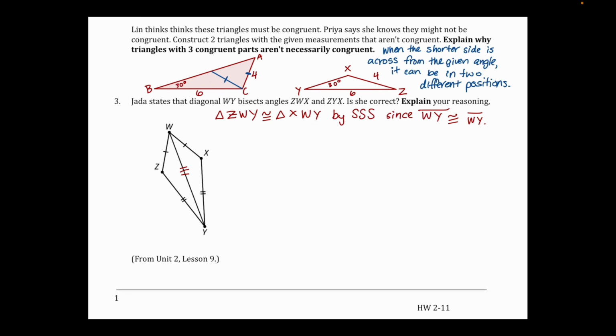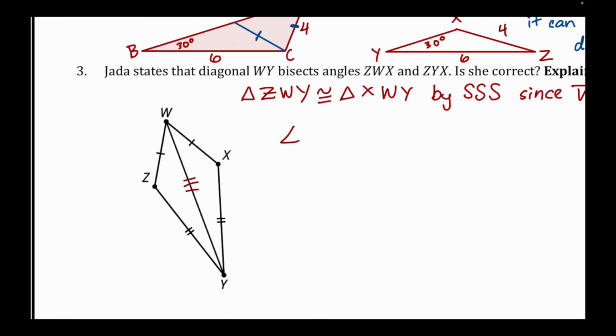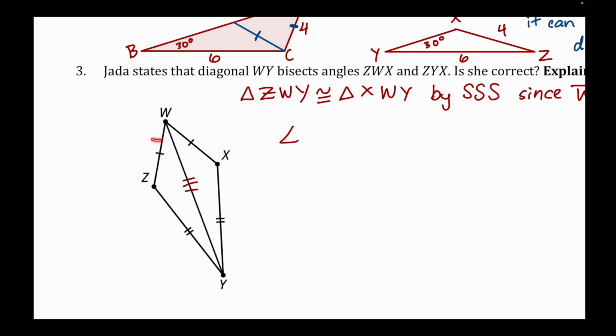Then we can say angles, we're going to say that basically these two angles being split right here at the top and these two angles down here at the bottom correspond to each other, which means that it has to be the bisector. So we're going to state that the angles are congruent, and that'll be by CPCTC.